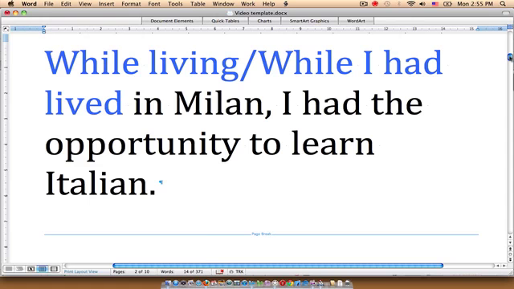So in this example we have, while living in Milan, I had the opportunity to learn Italian. Or, while I had lived in Milan, I had the opportunity to learn Italian. And of course, the correct answer would be while living in Milan.